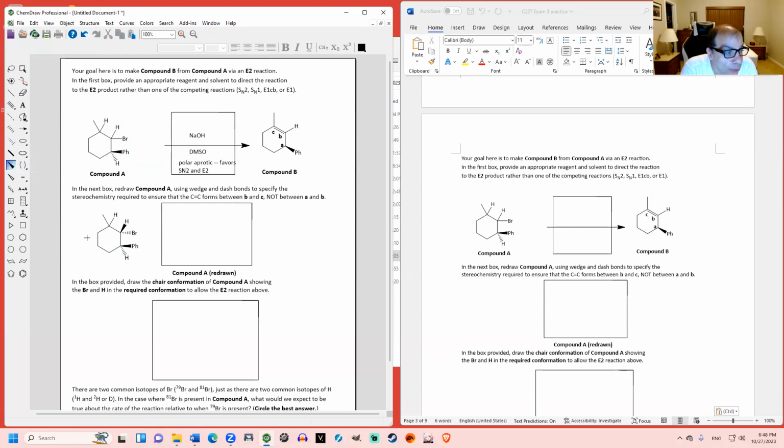And then we want the bromine to be trans to this hydrogen, because that way we'll get the double bond here. We need, again, trans-periplanar or anti-periplanar geometry. So the bond to this hydrogen needs to be a wedge bond, and the bond to the methyl group needs to be a dotted bond. So that was the answer I was looking for. Does it fit? Yes, it does fit in the box.